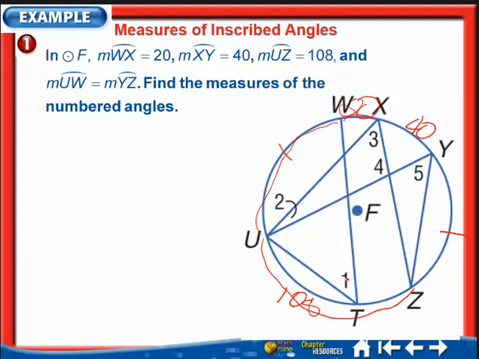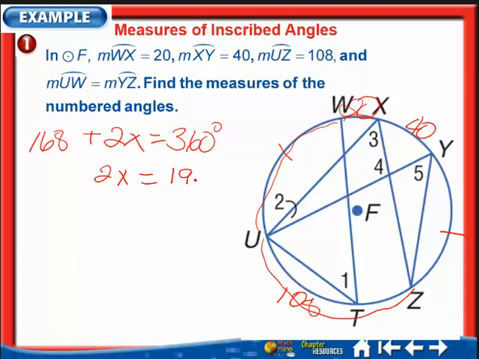Okay, so 20 plus 40 is 60, plus 108. So I have a total of 168 plus 2 times my unknown, because these are congruent. That equals the distance all the way around my circle, which is 360 degrees. So 2x is going to equal, what, 198?